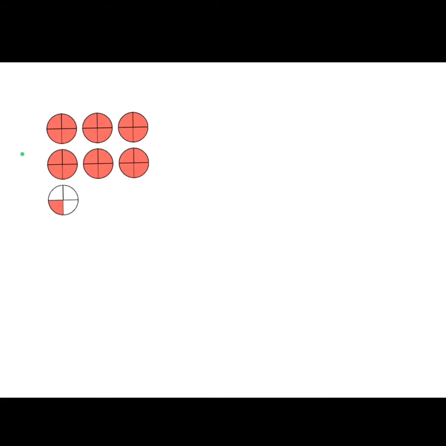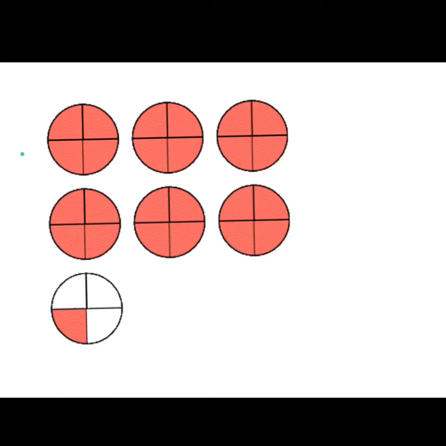So now we're going to see how a mixed number can have a related improper fraction, and an improper fraction can have a related mixed number. Let's do the improper fraction first. So first we need to look at what our object is cut into, and we can see that our circles are cut into 1, 2, 3, 4 pieces. Therefore, we will be working with quarters.